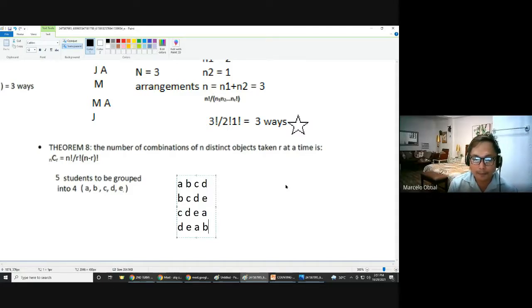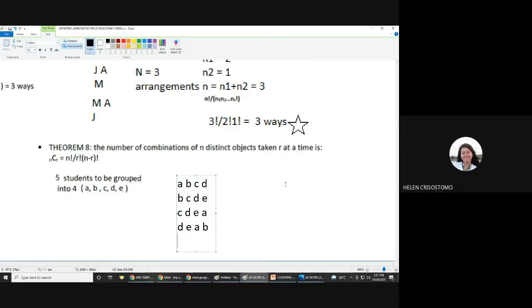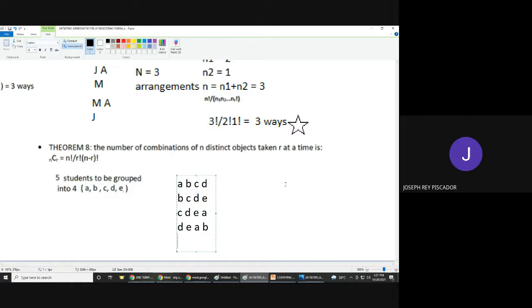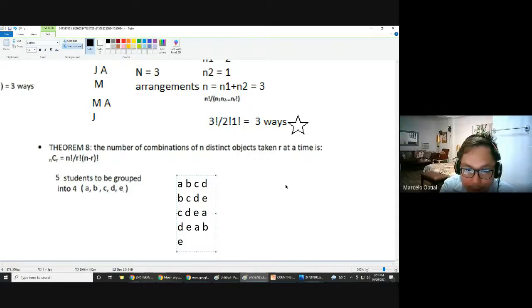Kung may kapareho, ha? Wala namang kapareho dyan, Joseph, no? Okay, walang kapareho? Agree lahat? Okay, next. Wala na, sir. Okay, next. E, A, elephant, apple, boy, cat.